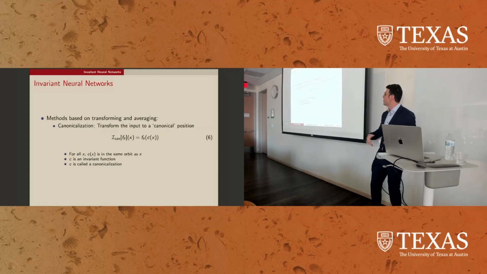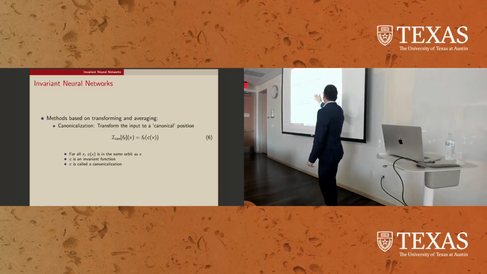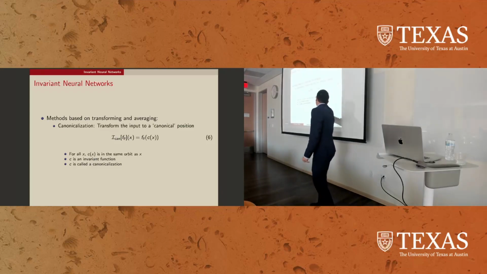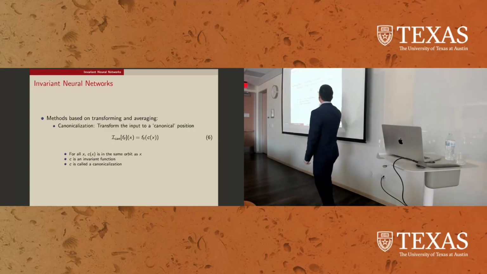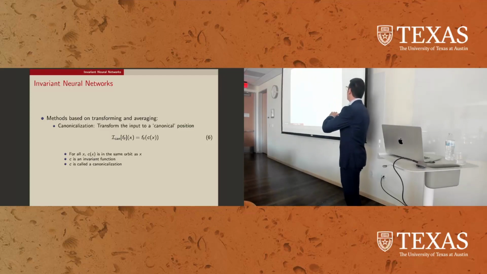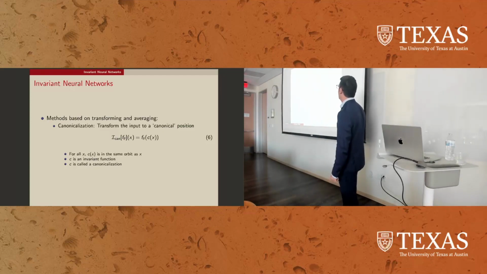But, okay. As opposed to this, on the opposite end, you could try to do something different, which is called canonicalization. In this case, instead of averaging over the entire group, we basically pick one element in the group. So here the idea is, instead of taking my input and averaging over the entire orbit, I pick one element from each orbit. In words, you transform the input into some canonical position before you pass it into the neural network, right?